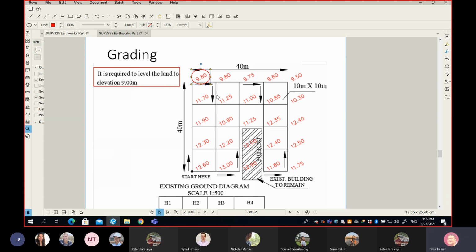We've done this at a constant spacing, 10 by 10. We simply found the elevation at those corners. So we have variable numbers and we want to bring everything to elevation 9.